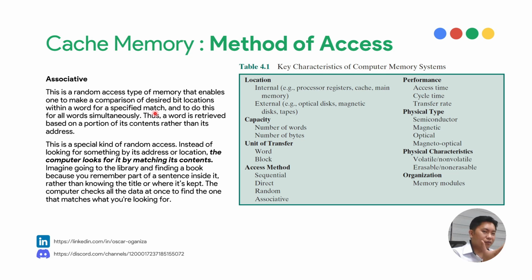So, sa associative way of accessing the data, dadamputin niya yung first 10 pages, yung second 10 pages, yung chapter 1, chapter 2, chapter 3, up to chapter 10. Then, kukunin niya lahat ng name na hinahanap mo. Then, pipiliin niya doon kung saan yung pinaka-best match sa hinahanap mo. No? So, that's associative method of access.